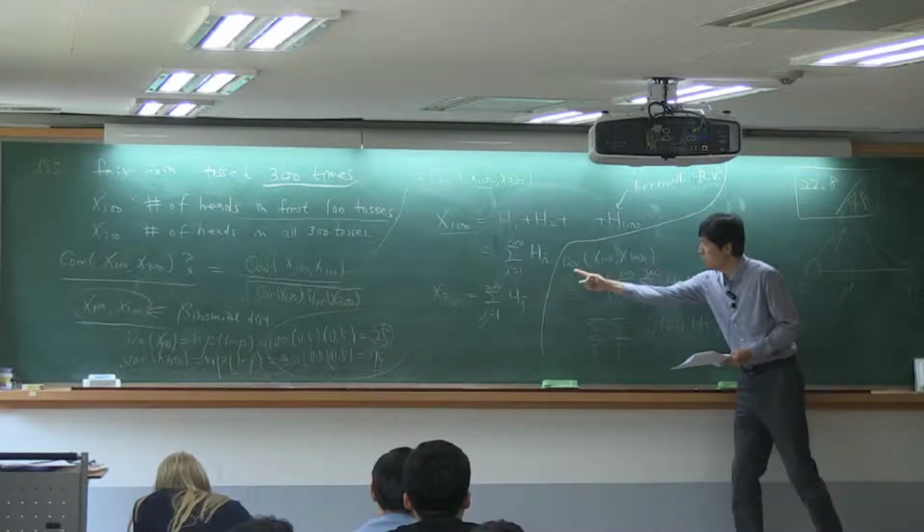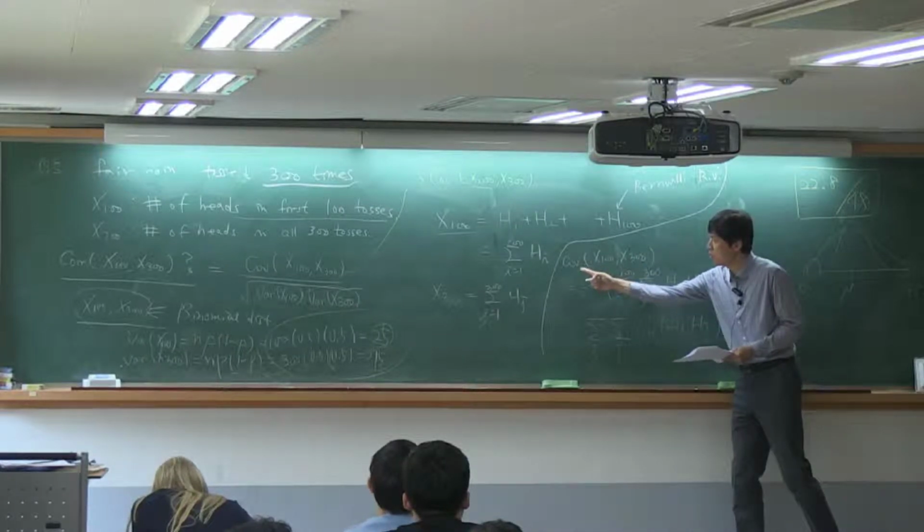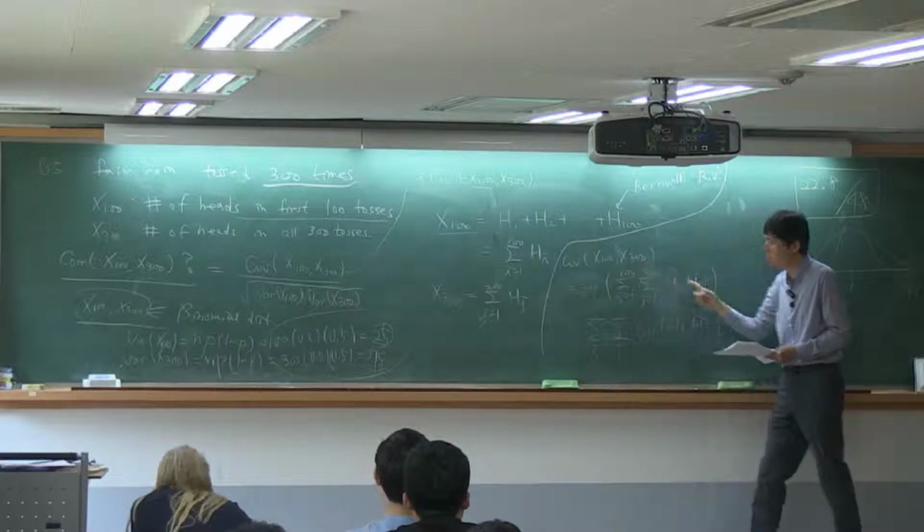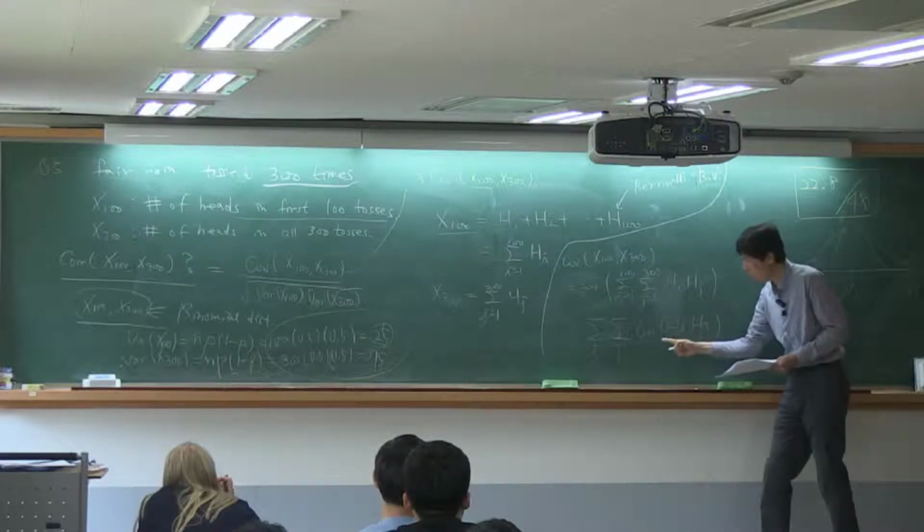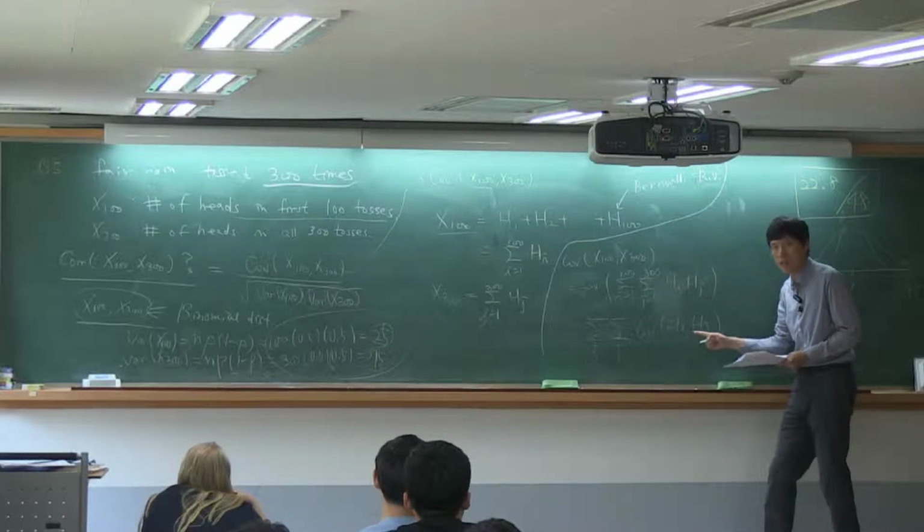Instead of calculating covariance of X100 and X300, we can calculate covariance between Hi and Hj.